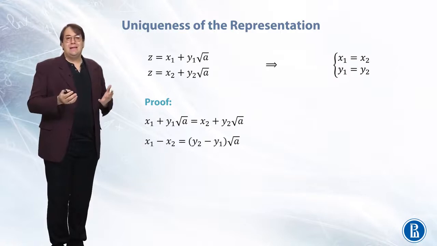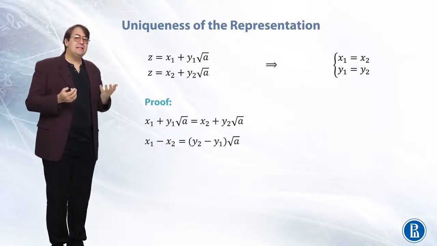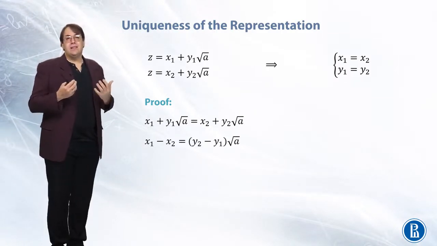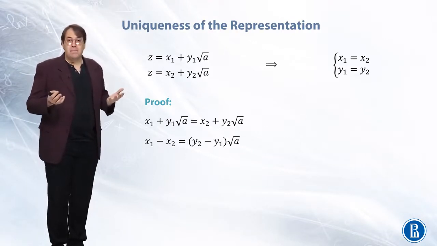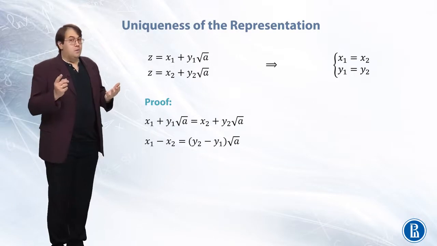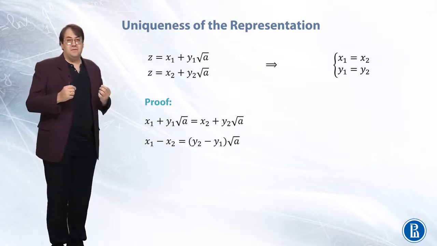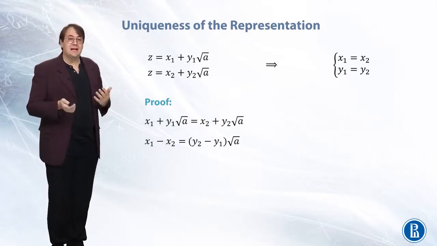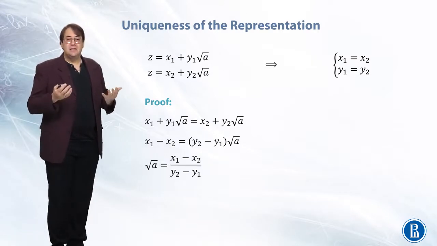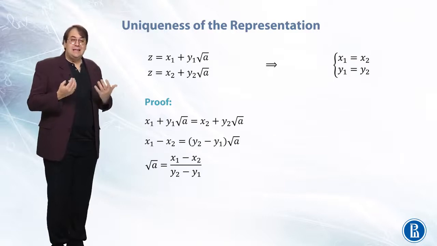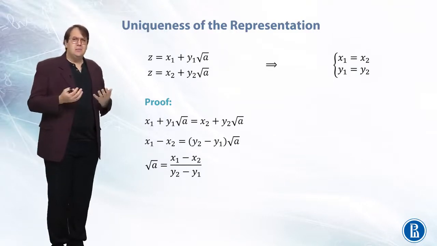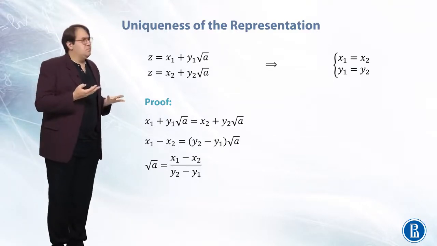So we gain that the difference of x's is equal to the difference of y's multiplied by square root of a. Now, as I believe you already understand, we can divide this equation by the difference of y's and gain that square root of a is equal to this fraction.